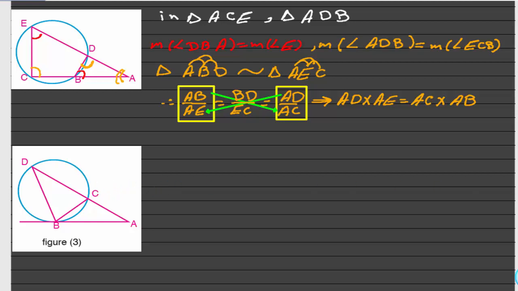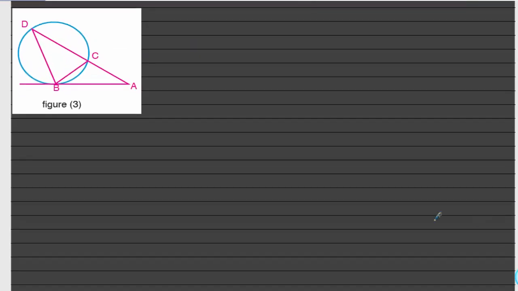Okay. What about the third figure? Figure 3 here. Let us consider the two triangles. The first one is triangle ABC, and the other triangle is ADB. Note that measure of angle ABC equals the measure of angle D, and angle A is a common angle.